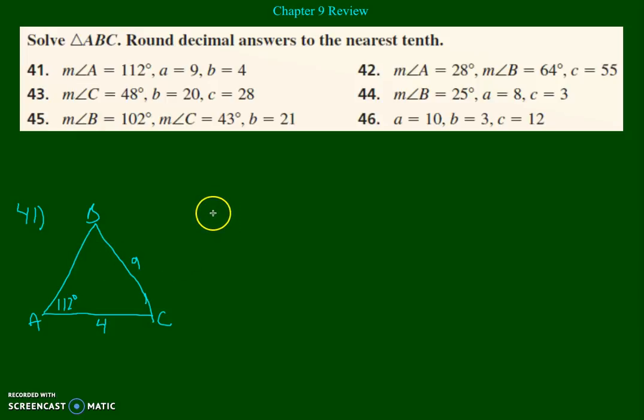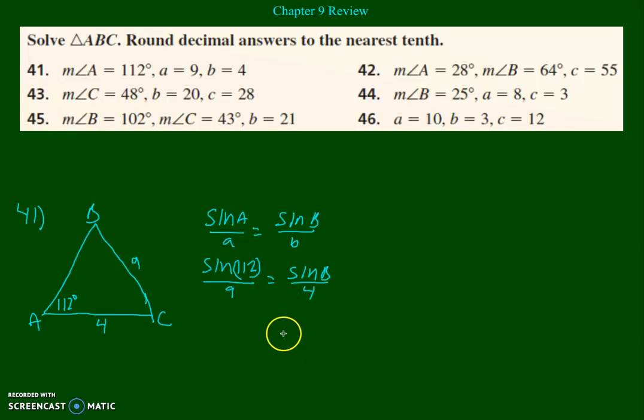The law of sines is sine of A over a equals the sine of B over b. So sine of 112 over 9 equals sine of B over 4. We're going to multiply by 4: 4 sine 112 over 9 equals sine B. And to find B, I'm going to have to take the arcsine of both sides.